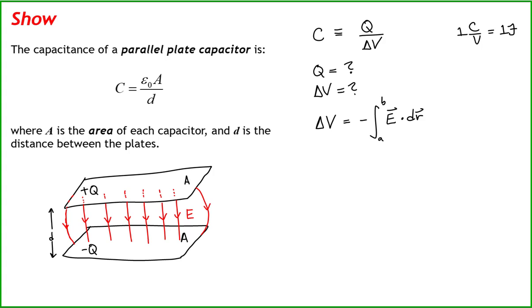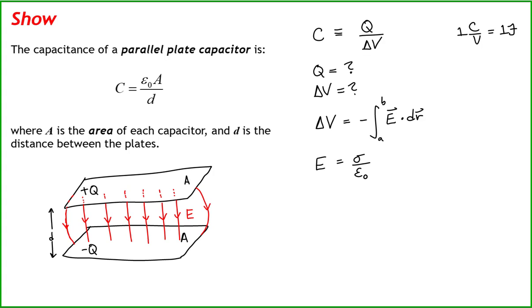So at least we now have a connection between the potential difference of our capacitor, which we need, and the electric field. Now here's the thing. We showed previously that the magnitude of the electric field in between the plates of a capacitor is equal to sigma over epsilon naught. So you know what? I think we have enough information to figure out how to solve for the capacitance.